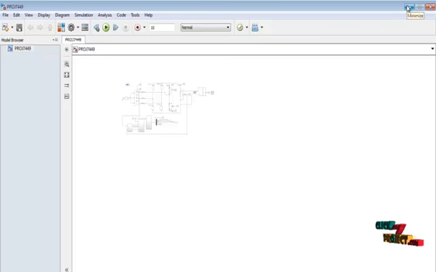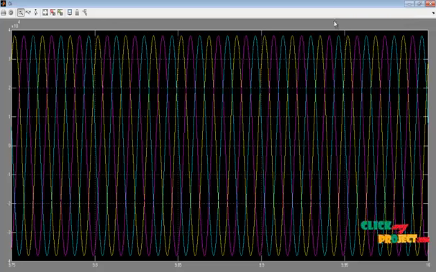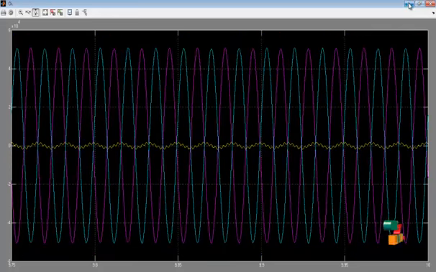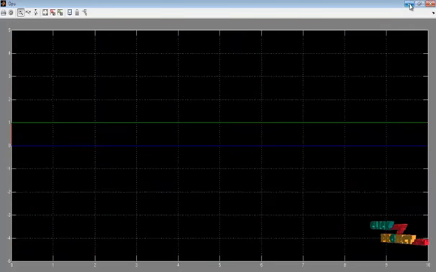The first one is the input 3-phase voltage, and the next one is the input 3-phase current, and the next one is the control signal obtained from the space vector pulse width modulation technique.